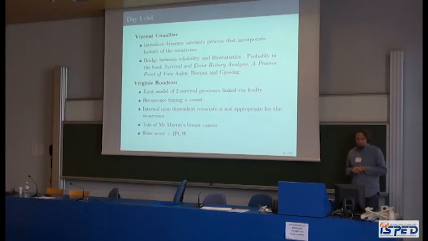And we also have the very interesting tale of Mr. Martin's breast cancer, which can happen in men. And she employed also for the error prediction the Brier score, with the censoring.